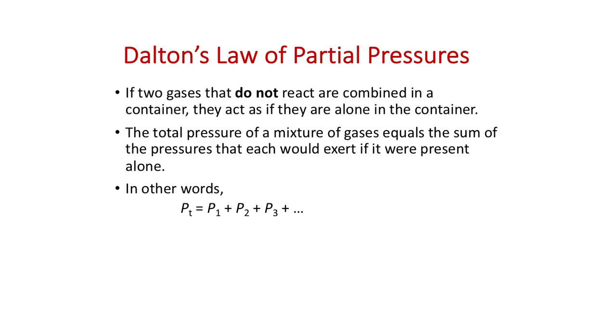Let's take a look at partial pressures. So partial pressures are where we have 2 or more gases in a container. Could be air, and the container is the atmosphere, and we have the partial pressure due to oxygen and nitrogen adding together. So we could think of a gas mixture that we encounter often like air, but in any gas mixture, the gases act as if they're all non-interacting particles.